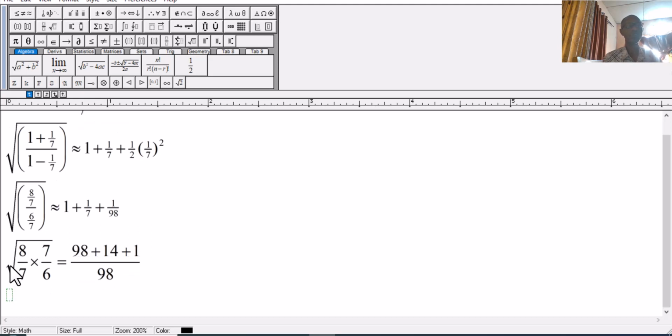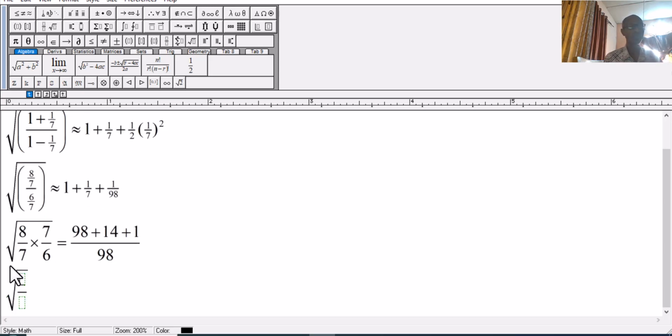So now if we cut that, that will give us 4 over 3 equal to, if you add this together, it should give you 113 over 98.